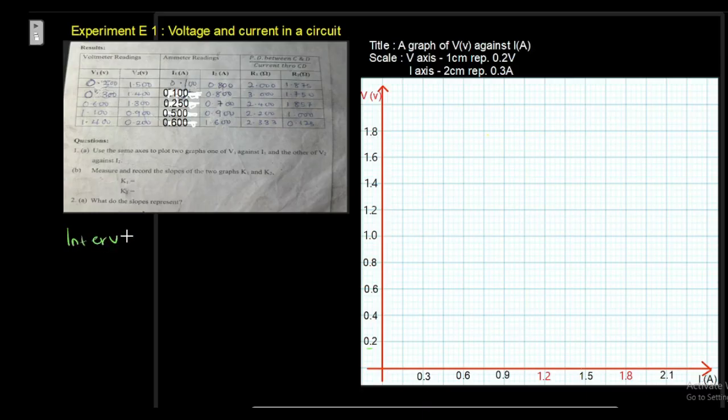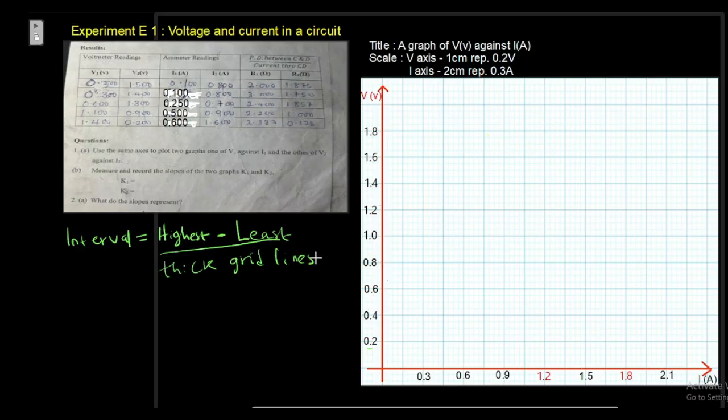Now the interval is simply the highest value from your table of values minus the least, divided by the number of thick grid lines on that axis. So let's say, for instance, we want to get the scale for our vertical, because the scale for your vertical must not be exactly the same as the scale for the horizontal. It all depends on the values.